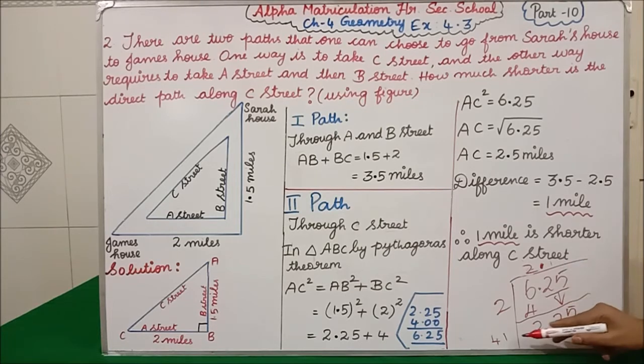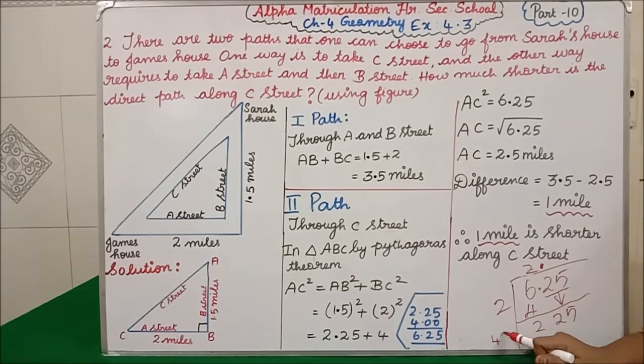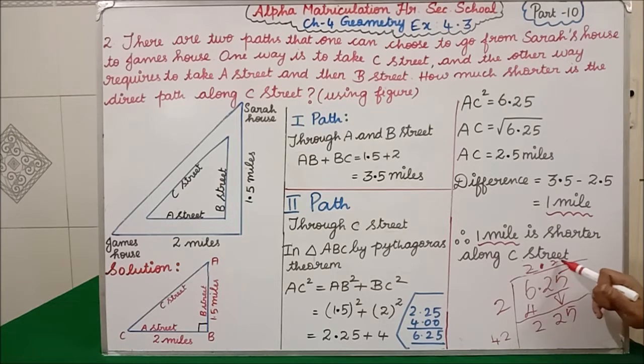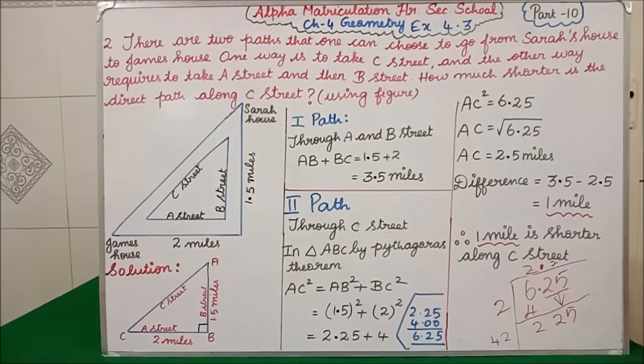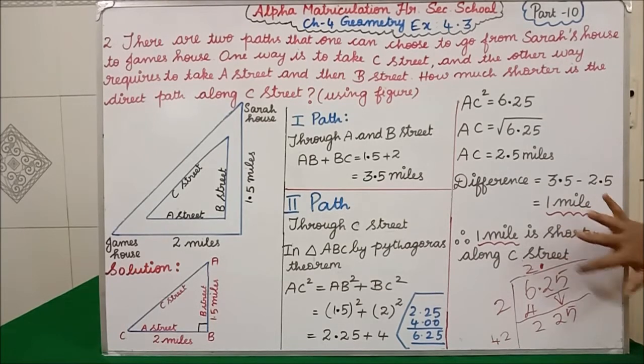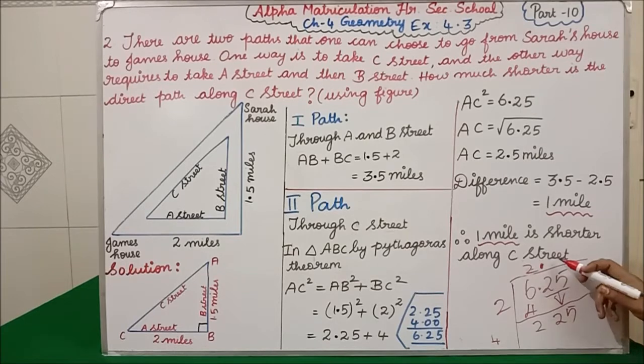So 1 into 41 is what? 41. It is very small. Then I am going for 2. 2 into 42 is what? 84. That is also very small. So I am trying with 3, and 4, it is not coming. So I am trying now with 5. See, I am writing here 5.